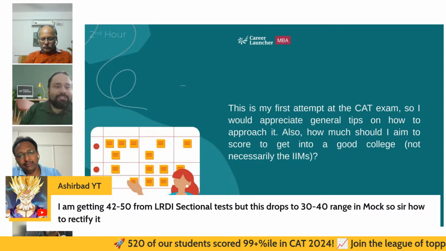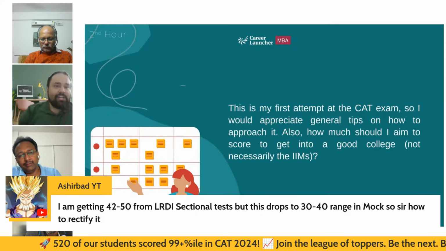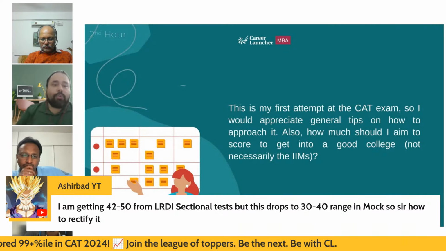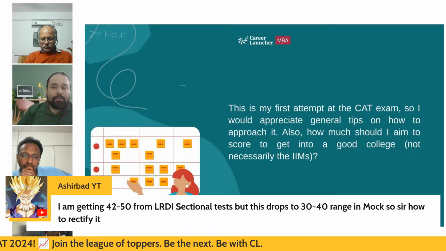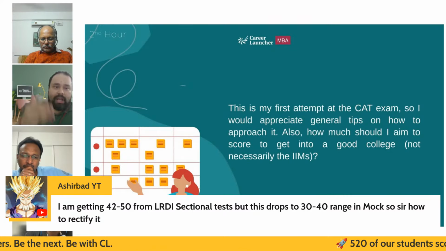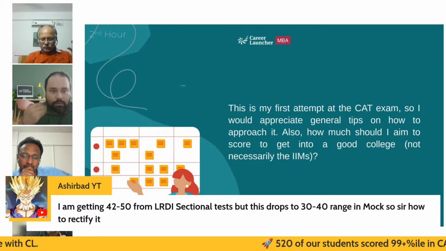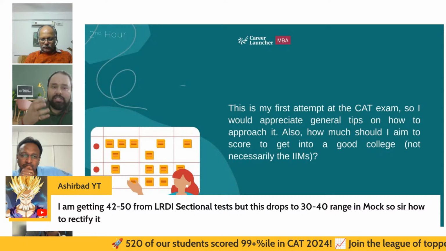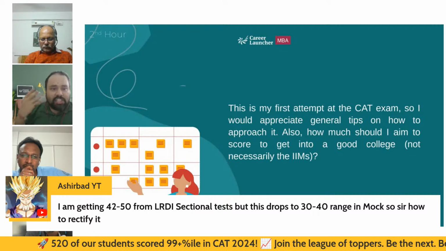Obviously, you will see a difference. Obviously, in a sectional, when I'm doing it at home, I'm going to score 40, 45, and here I will suddenly see 4 questions come, I'm going to score or attempt. So that's exactly what happens on many occasions with LRDI and with quant. Hence, I am a firm proponent of the fact that you need to practice these sections when you're slightly stressed.